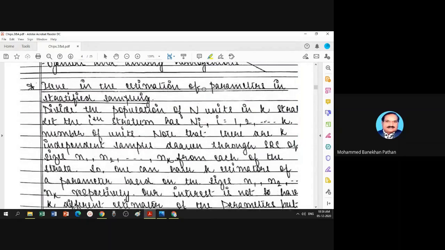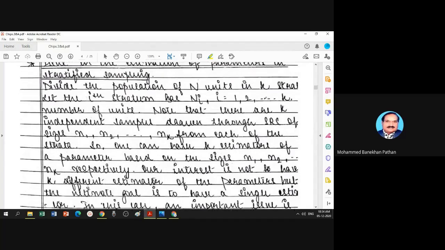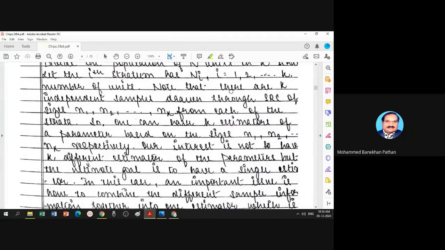Issue in the estimation of parameters in stratified sampling. That means how to make an estimation of a population quantity by using stratified sampling. Divide the population of capital N units into K strata. Let the ith stratum have Ni units, i from 1 to K. Note that there are K independent samples drawn through simple random sampling without replacement.